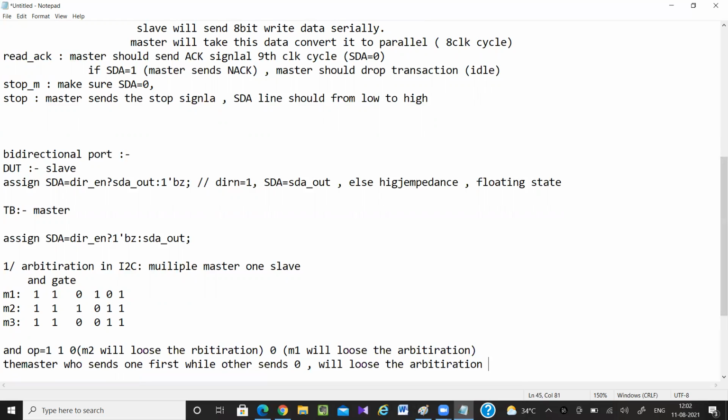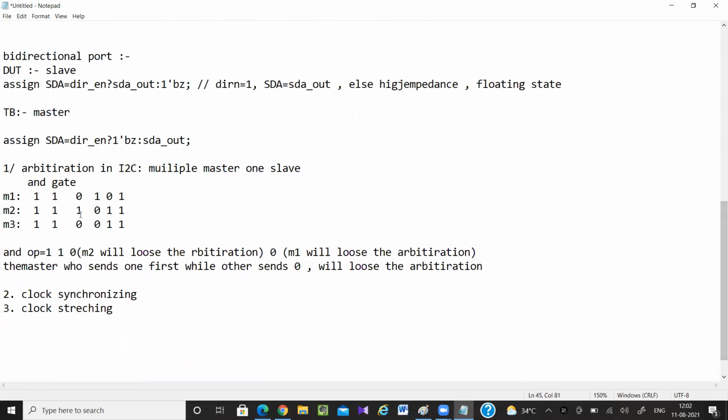Okay. Yes, ma'am. And for clock synchronizing, a simple AND gate is used. Clock stretching means, if the slave is sending NACK, one way is the master can drop the transaction. Let's say the master doesn't want to drop the transaction, the master wants to wait for the slave. Maybe after 2 or 3 clock cycles the slave will be free.